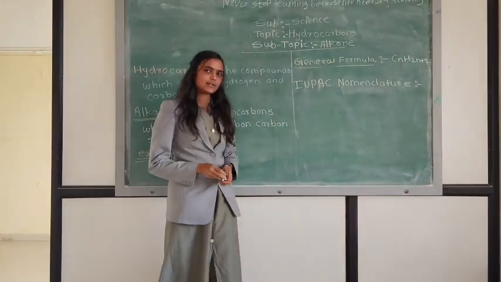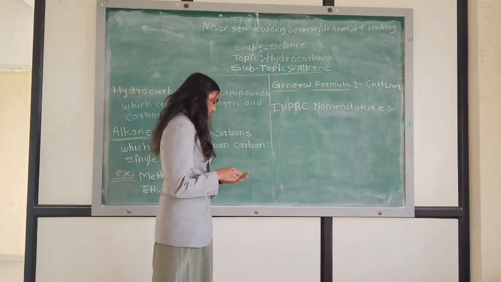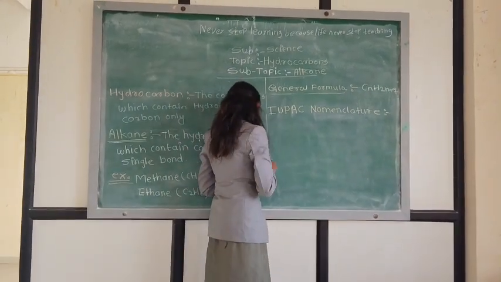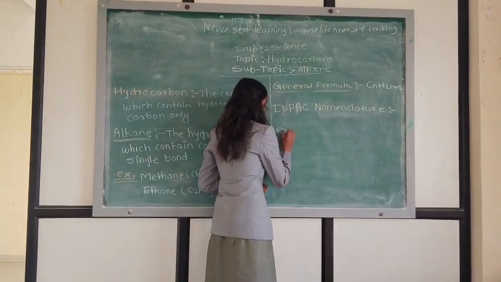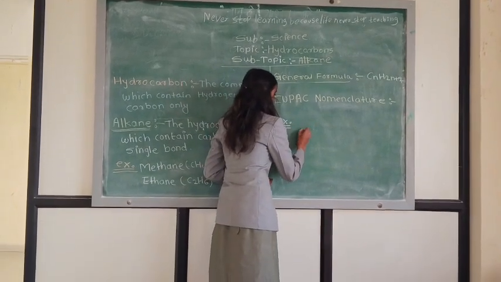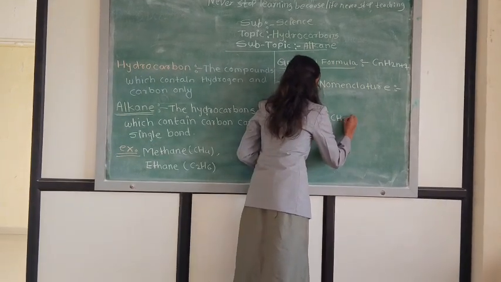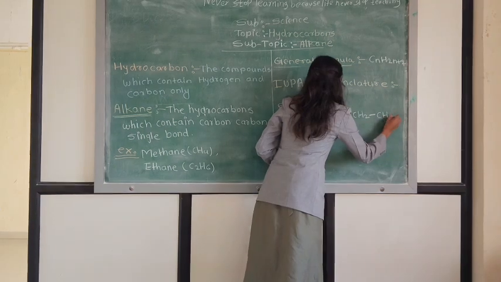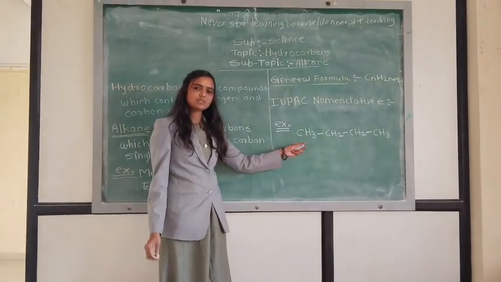Now we will consider one alkane. So we will take the example CH3, CH2, CH2, CH3. Okay. So first step is what?